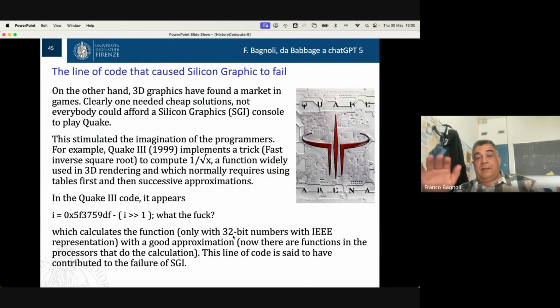Clearly, only with 32-bit numbers with a given representation, but this takes really only a few clock cycles on any computer, while the other one takes much more and needs a specific mathematical processor.